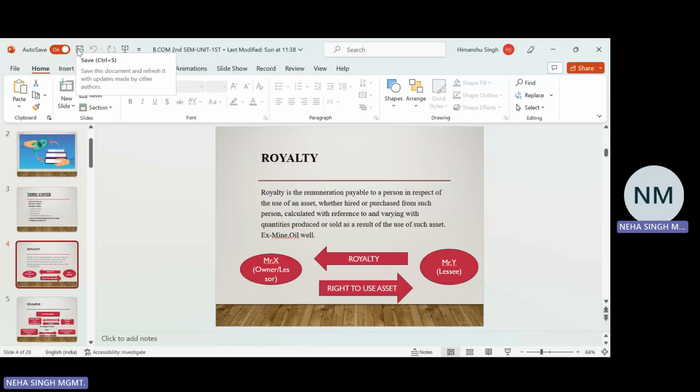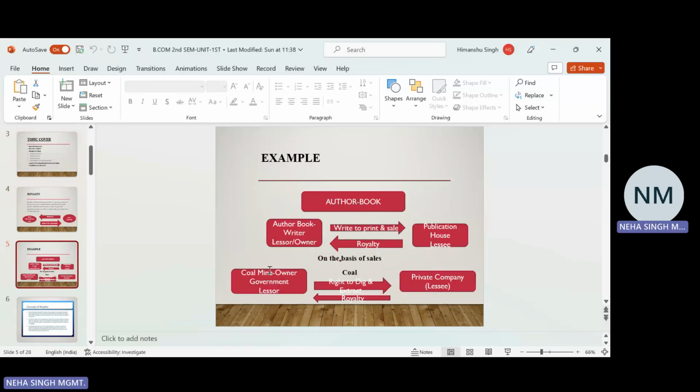Mr. X is giving the right to use his asset to Mr. Y. In exchange, Mr. Y gives royalty to Mr. X, right? So royalty is that amount which is given by a lessee to a lessor.